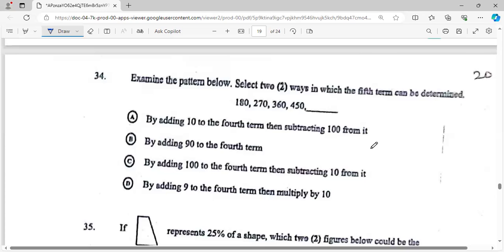Thanks, Lakoy. I got yours as well. So I got my answer. Yeah, send it.